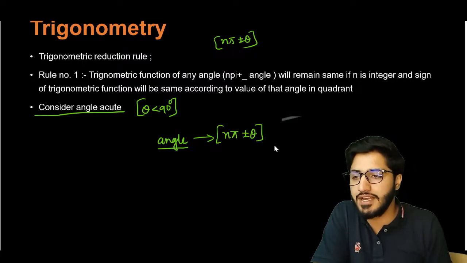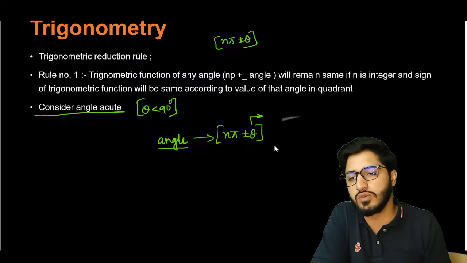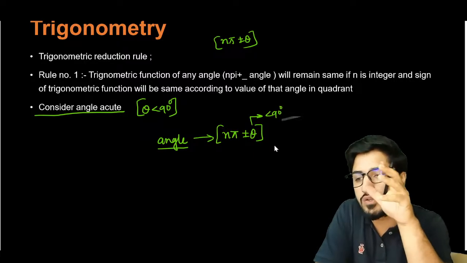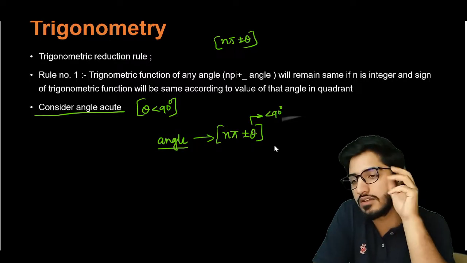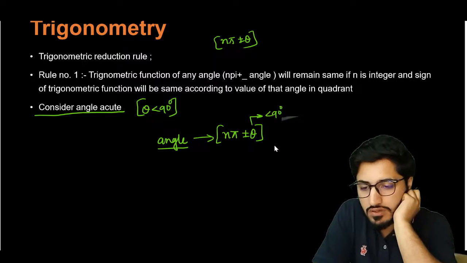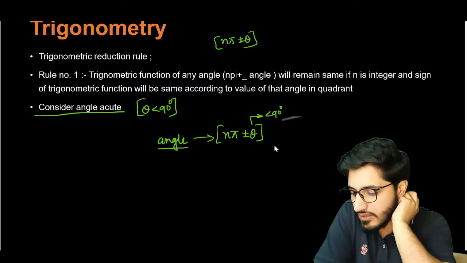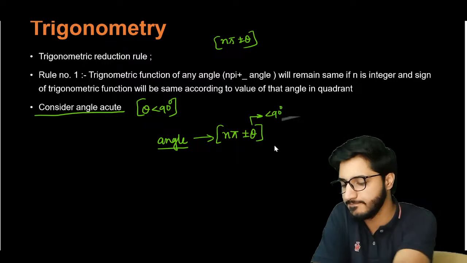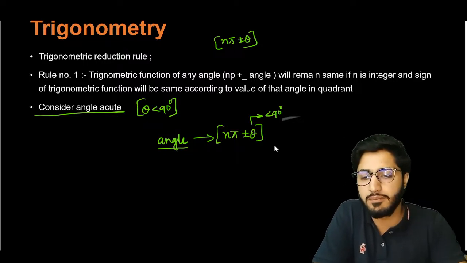So n is basically an integer, a number, and theta is an angle, but it should be acute, less than 90 degree. If we are able to break down the angle into this n pi plus minus theta, what would be the answer of my numerical? Okay, how can we break down this thing now?